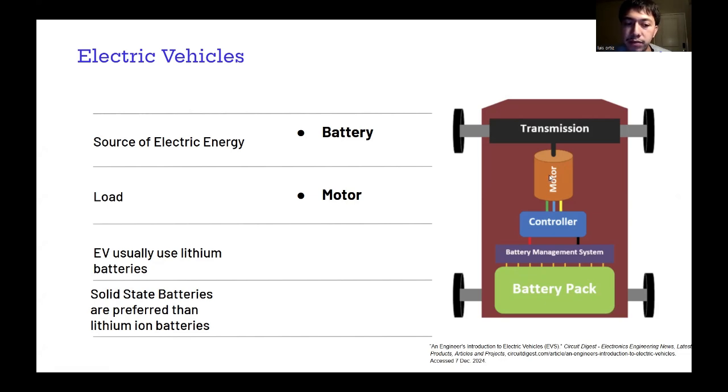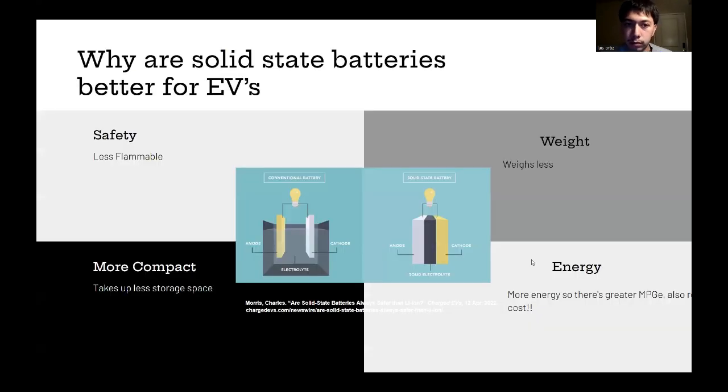EVs usually use lithium batteries today, but as we keep advancing, there's been more talk about creating solid state batteries, and you're going to see why in a second. So why are solid state batteries better for EVs?